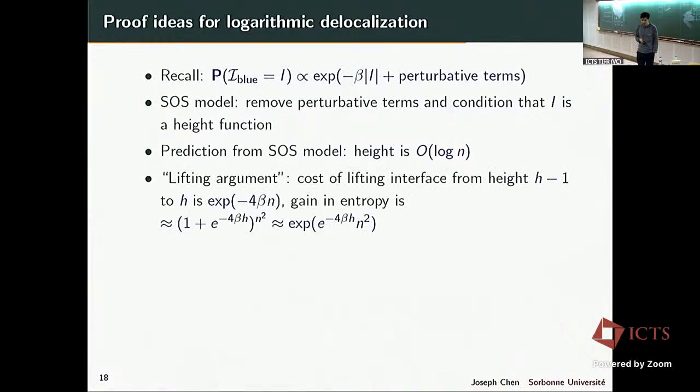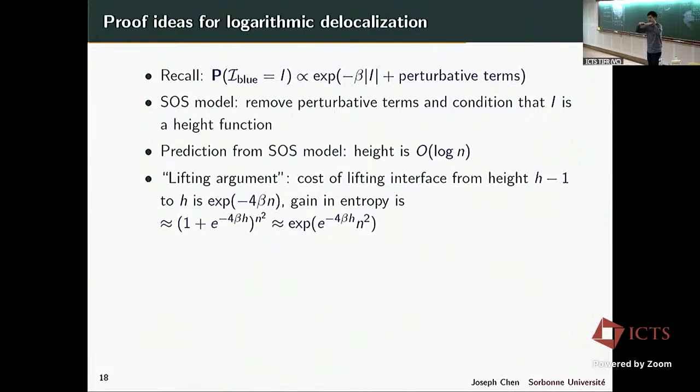You can apply a lifting argument, which is really just the Peierls map, but the Peierls map gains from entropy and not energy. So we know that if beta is infinity, you actually are just a flat sheet at height 0. So how do we rule this out?